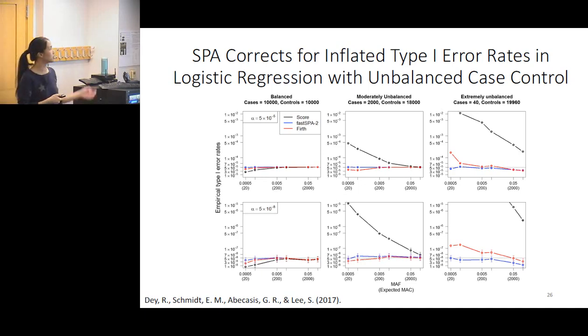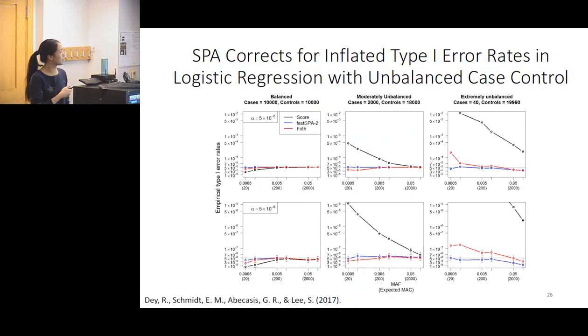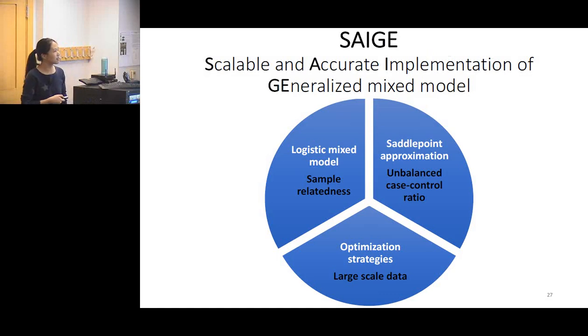So we decided to also use this SPA and add it to the logistic mixed model. Here, the method was only developed for logistic regression and does not account for sample relatedness. So we add this saddle point approximation to account for unbalanced case-control ratio and combine the optimization strategies for the logistic mixed model. And we call this method SAIGE.